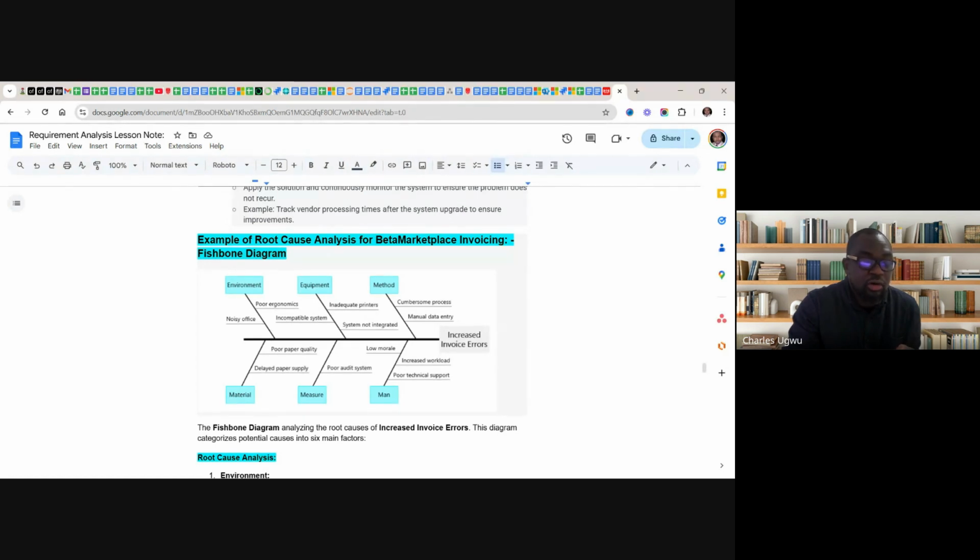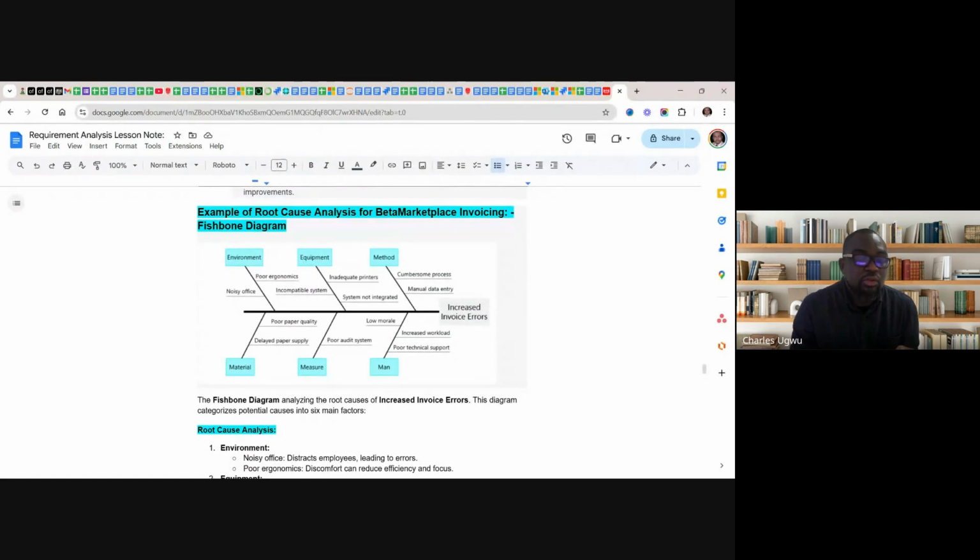It's also called cause and effect. So if you want to apply fishbone here, you look at the problem. That is the head. Then we have various factors that can cause this problem.